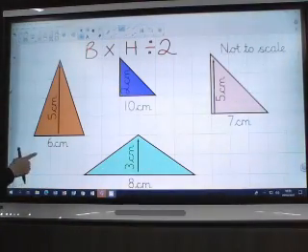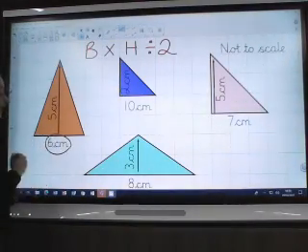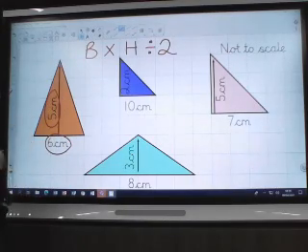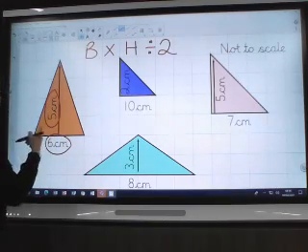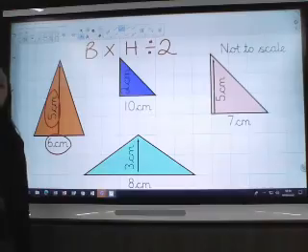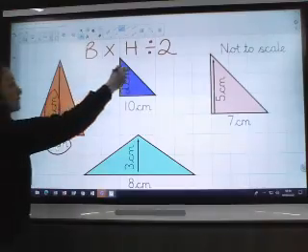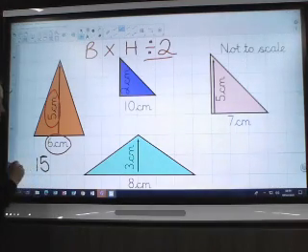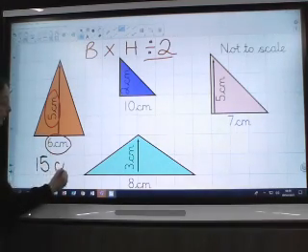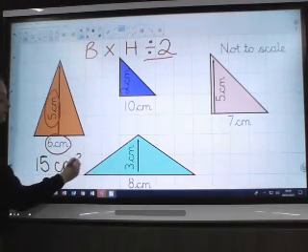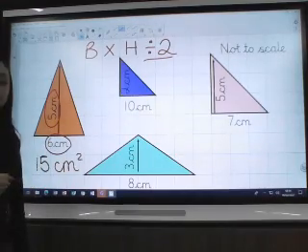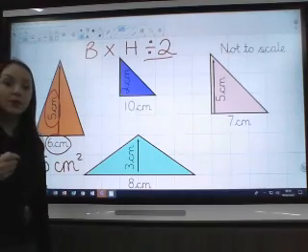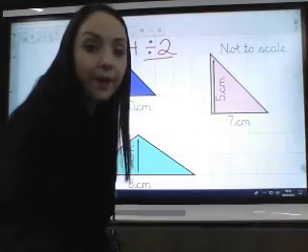So this orange one then, the base is 6 and the height is 5. So we would do 6 times 5, which is 30, and then we divide it by 2. So the area of this triangle, changed colour, would be 15 centimetres squared. Okay, remember we always say it's squared if it's area.